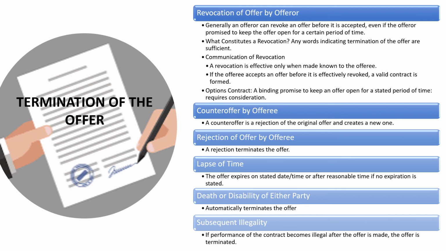When you change any term of an offer, you have made a counteroffer. Even though you are offering to pay the same amount of money, when you change any term of the offer, the law considers that a counteroffer. And your counteroffer does two things.